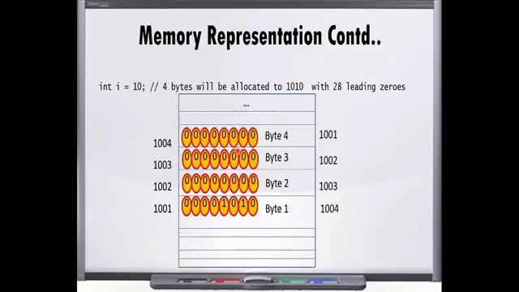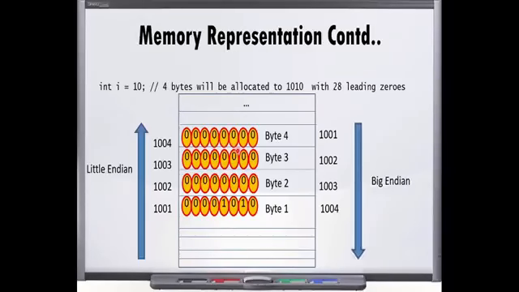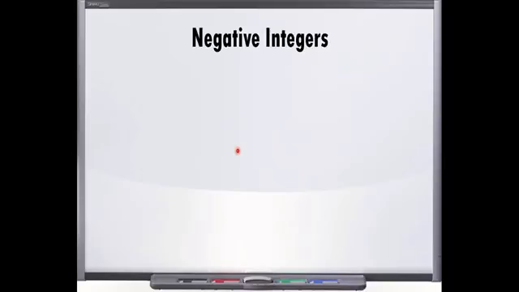There could be another arrangement where byte 1 gets 1004, byte 2 gets 1003, byte 3 gets 1002, and byte 4 gets 1001. The left hand side architecture is known as little endian, and the right hand side architecture is known as big endian. We'll assume that we have a little endian architecture. We don't go into the details because this is out of the scope of this syllabus. You might have encountered this in your digital communication or basic electronics.